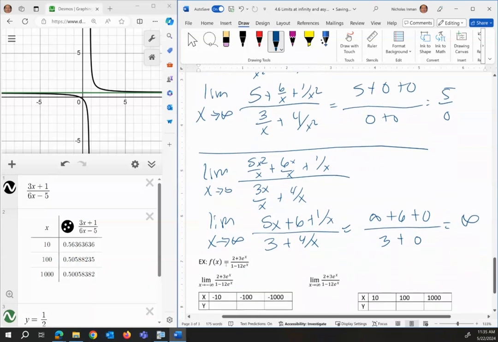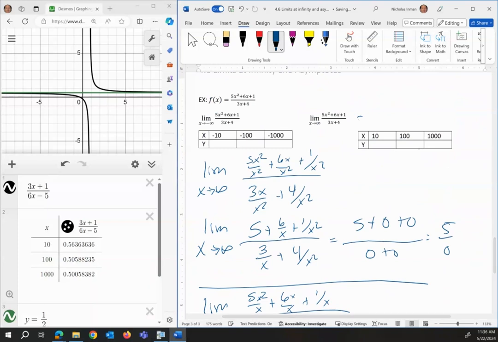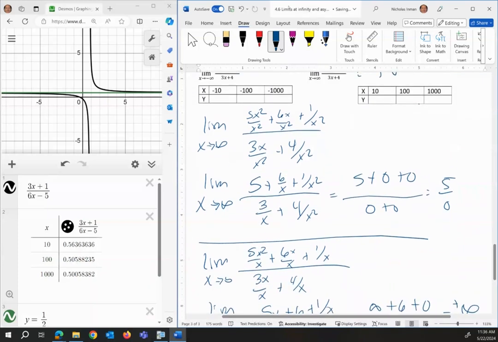As I plug in infinity, all the things cancel except for this infinity on the top. Infinity plus 6 is infinity, divided by 3 is positive infinity. So the right side here is going to approach positive infinity. If I switch and do negative infinity, not a whole lot changes.